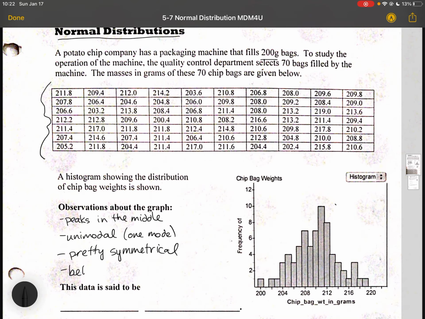And then we have a bell-shaped curve. What that means is I can sort of draw a curve that goes above the data and then down on the other side. And so we say that this data is normally distributed, and then we're going to investigate that a little bit further.